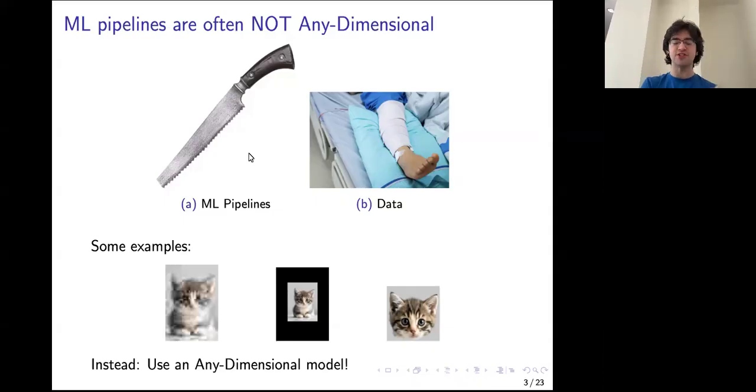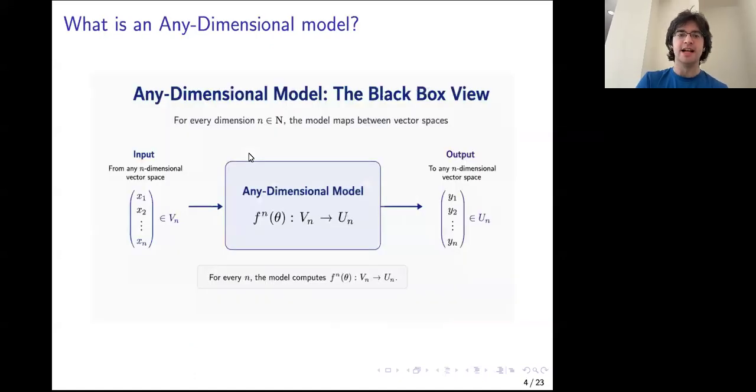So the solution to this, in a much simpler approach, is to use an any-dimensional model. And what is an any-dimensional model? Well, basically, it's a model that is defined on a fixed set of parameters for all n. So we have one theta such that for all n, it parametrizes functions between these n related n-dimensional vector spaces.